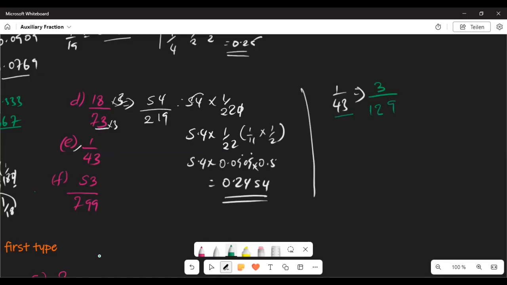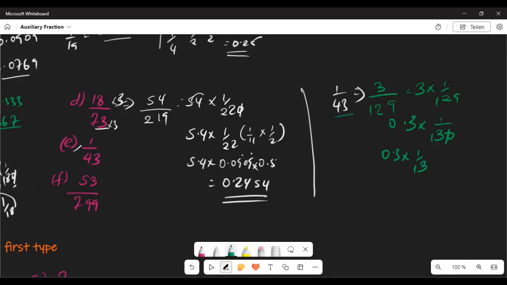So here it's going to be 3 multiplied by 1 over 129. But 129 can be converted into 130. Okay, so we're going to have here 3 multiplied by 1 over 130, as we promote 129 to 130. So 1 over 130 would mean that we put this 0 to bring us 0.3. So here we're going to have 0.3 multiplied by 1 over 13.